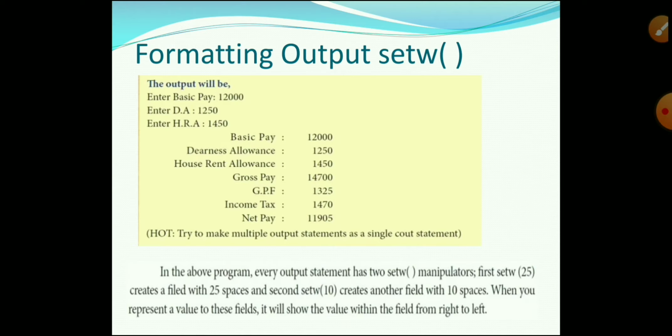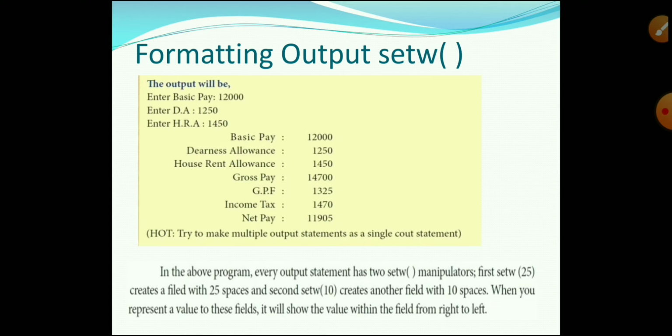See here: basic pay, dearness allowance, house rent allowance, gross pay, provident fund, income tax, net pay. In this output every line is equal, very easy to read and in an understandable format. Correct, no?